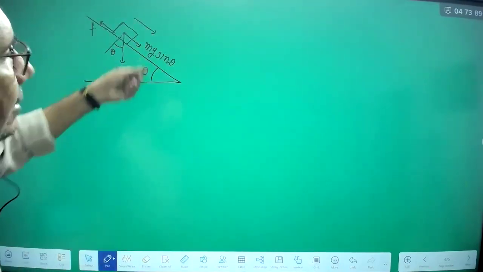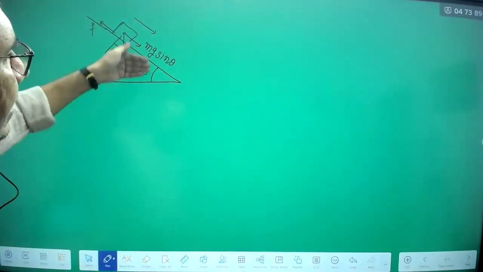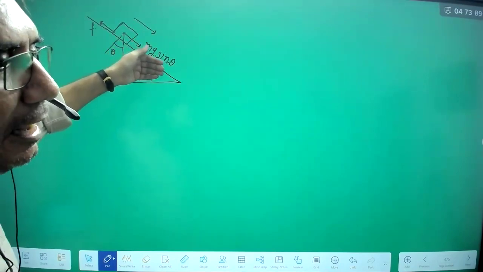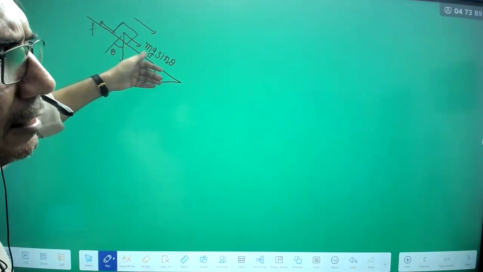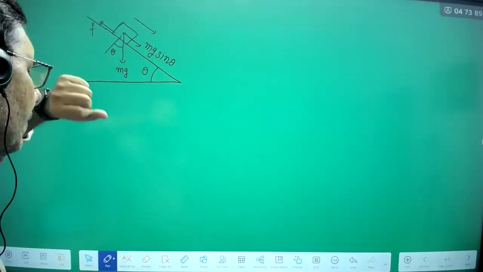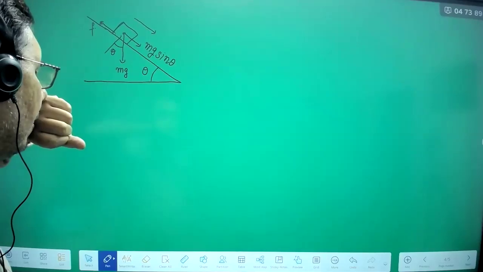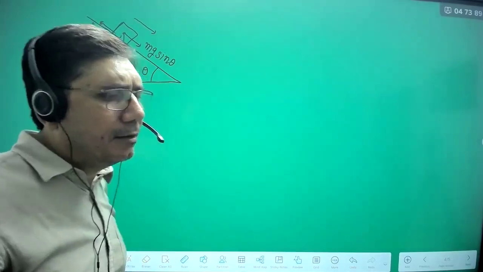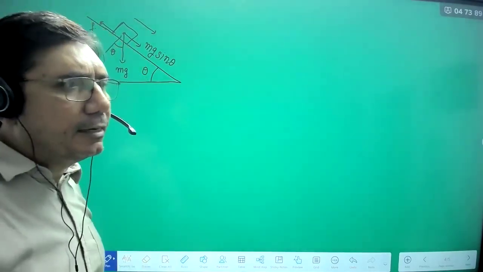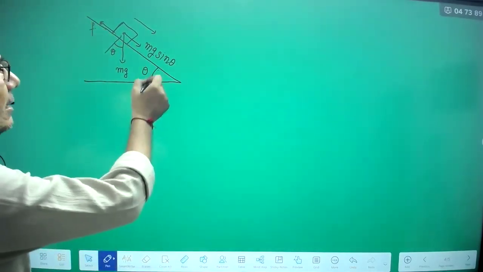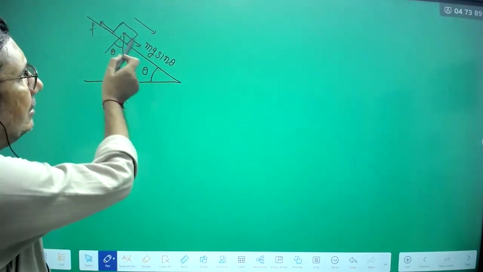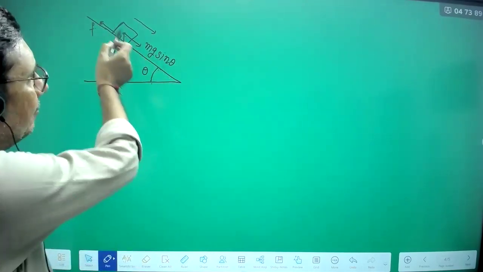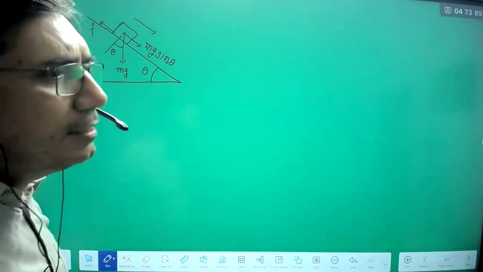If you start increasing this angle, then when this angle becomes greater than the angle of friction, g sin θ will start dominating and it will start moving like this. So there is an upper limit.